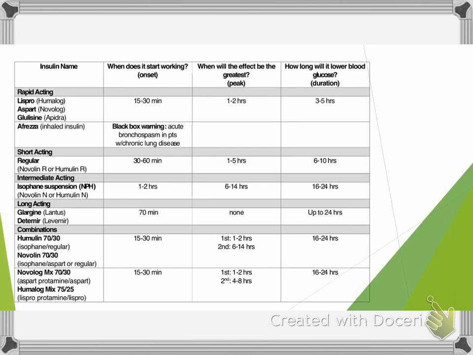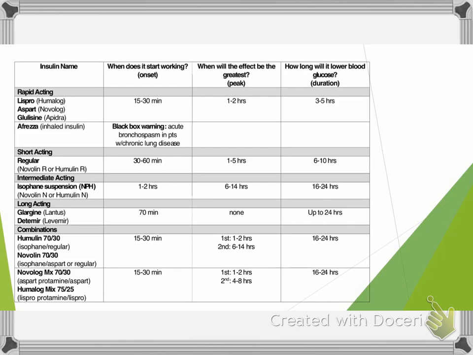Now, in the combinations, remember there's one injection, but the onset of action is going to be whatever your rapid or your regular insulin onset of action is. Okay? So it's going to be quick. And then it's going to have 2 peak times. So its first peak is going to be when the regular insulin, or rapid insulin, is peaking.